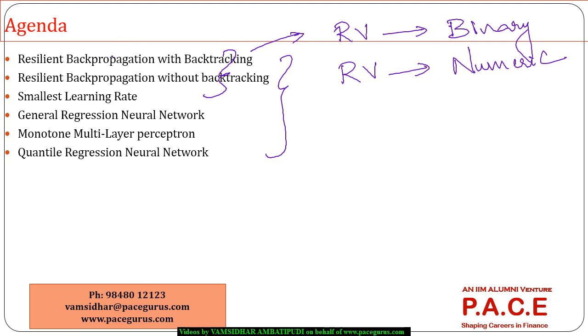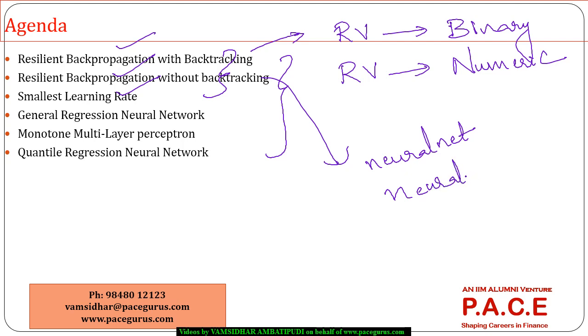Otherwise, we can look at the resilient backpropagation with backtracking, without backtracking, and smallest learning rate. These 3 can very well be executed through the package neuralnet, with which we have done the classification problems as well. Even the function that we would be using in this context is also neuralnet.